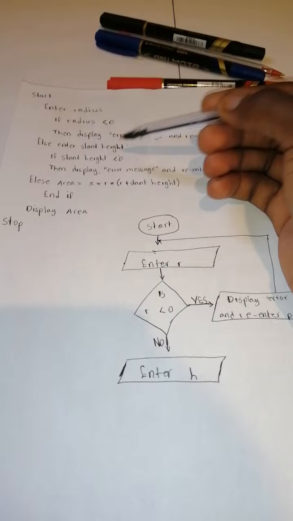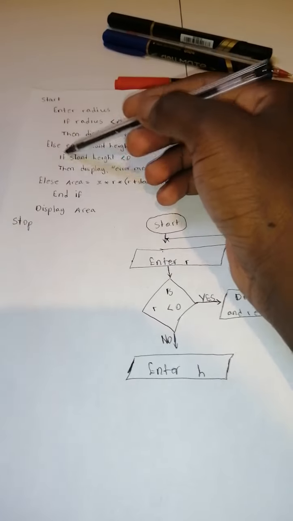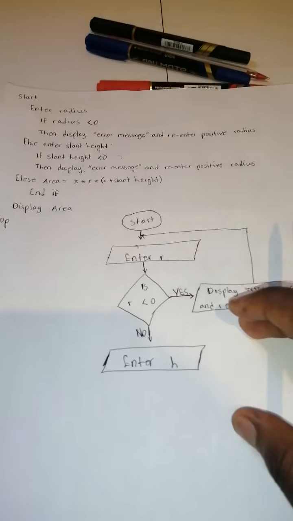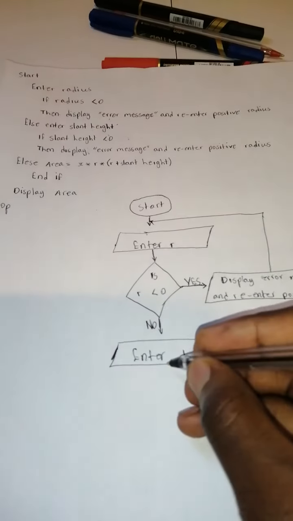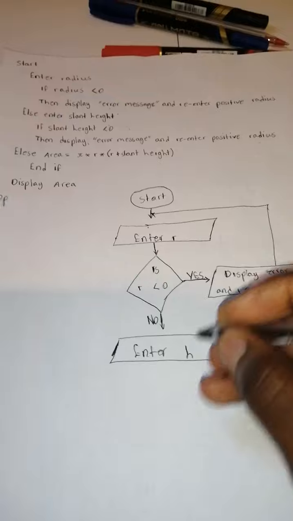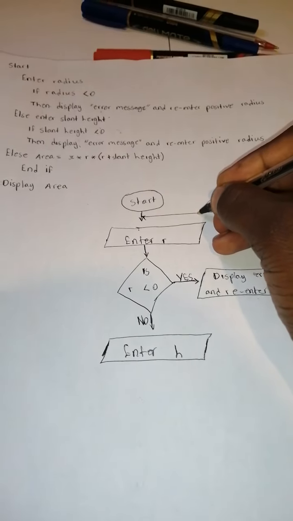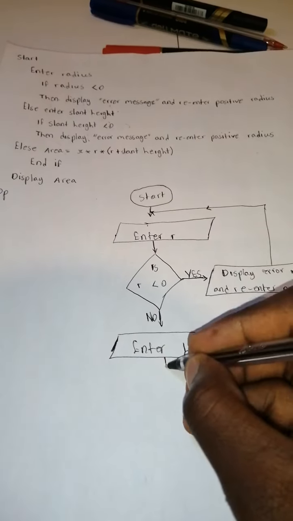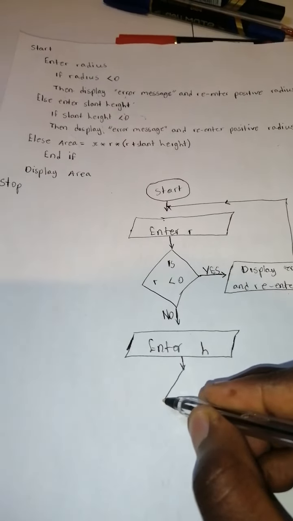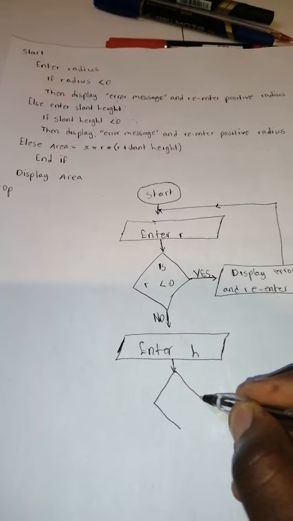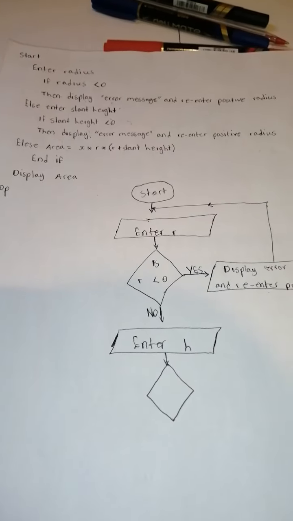So if slant height is less than 0, notice that we have if here. If means a decision. So there is a decision there. I forgot to draw an arrow here, so I'm going to draw another arrow here, and then I'm going to draw a rhombus again like that, since we have a decision.